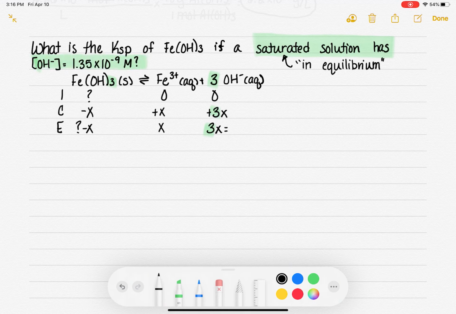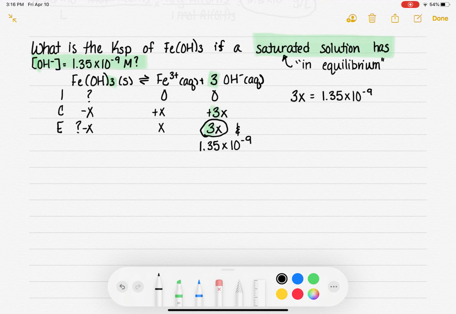That means that the hydroxide concentration, which we have already expressed as 3X, we know numerically is 1.35 times 10 to the minus 9.